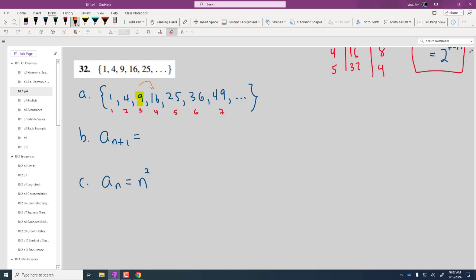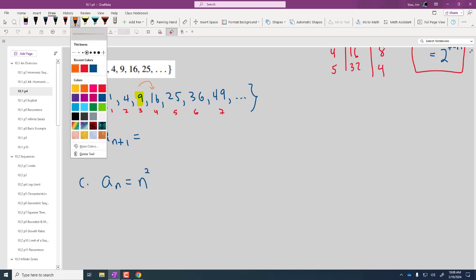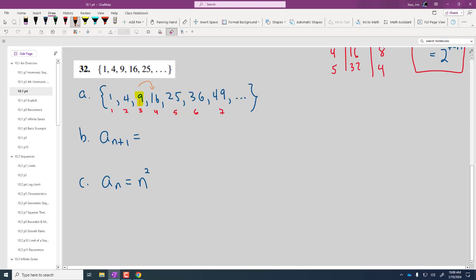Since we don't have the indices, you can't find it. Everything is based on the indices, right? This is 25 because of its index. Can you see a way to go from this down to its index? Square root. Yes. It's adding odd numbers though.